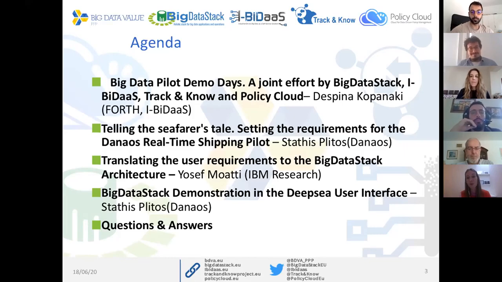He will be setting the requirements for the Danaos real-time shipping pilot. After that, Yusuf Moadi from IBM Research will be translating these user requirements to the BigDataStack architecture and already provide some insights into the technologies that we have there. Then Stathis Plitsos will run us through a BigDataStack demonstration in the DeepSea user interface. And after that, it's time for your questions and answers.